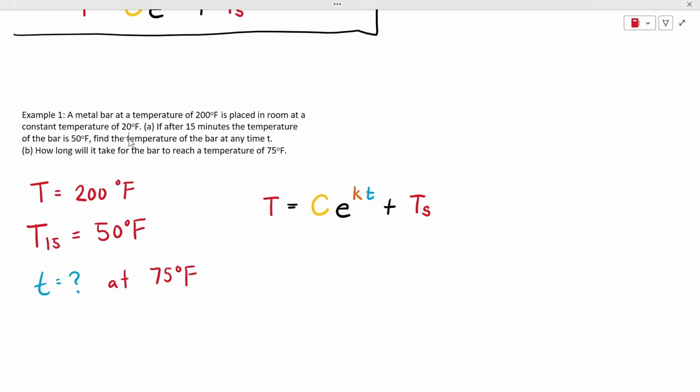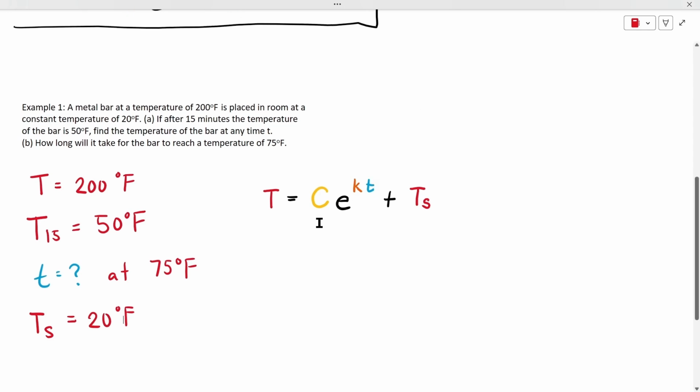Additionally, it is stated in the given that the temperature of the surrounding is 20 degrees Fahrenheit, so let's add it here: T sub S equals 20 degrees Fahrenheit.